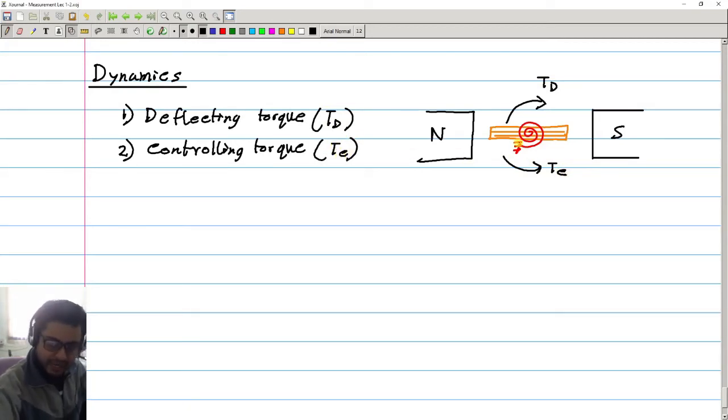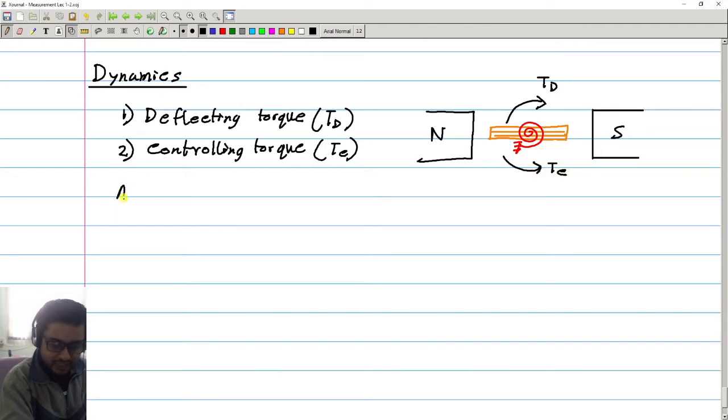Now at the beginning, at the neutral position, wherever that neutral position may be, it may be here or in some other position, TC is 0. Spring torque is 0. That is what we call the neutral position. Then suppose we pass some constant current, so we get a constant TD, and the coil starts to move, and as it moves, the spring is twisted, and the more the spring is twisted, TC increases, controlling torque increases.